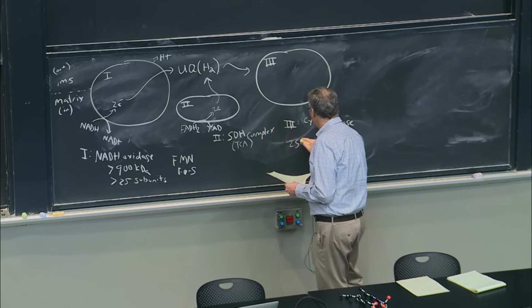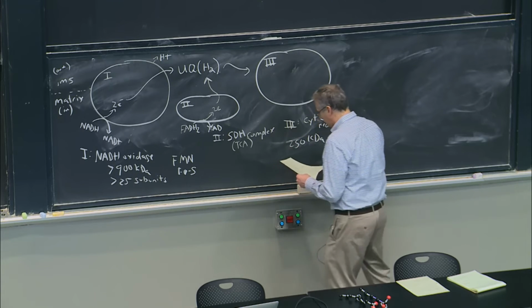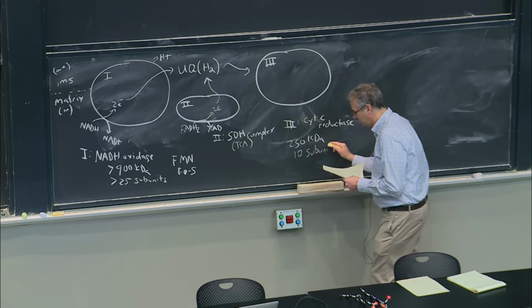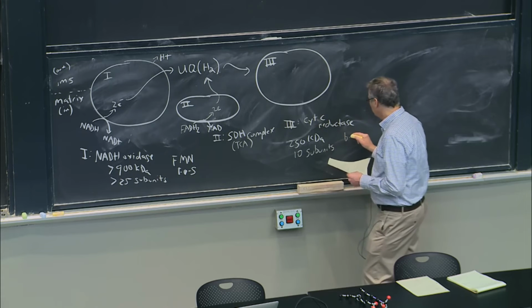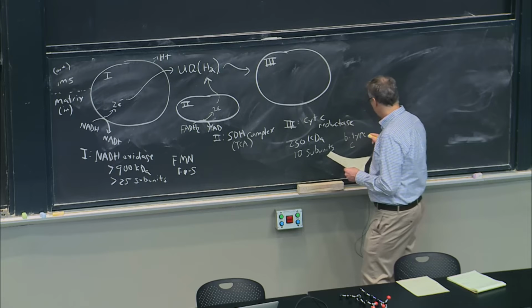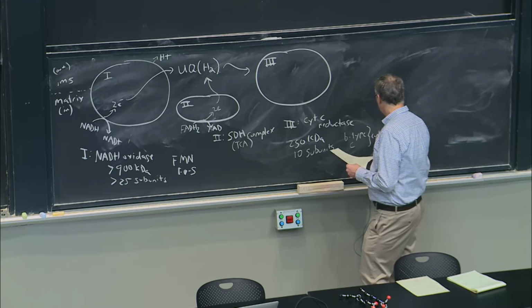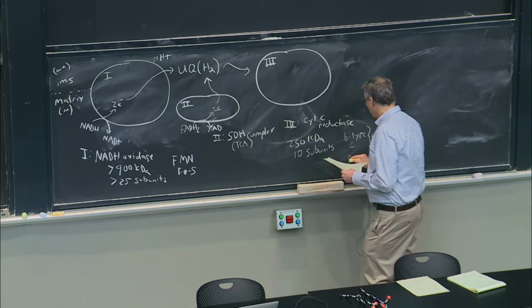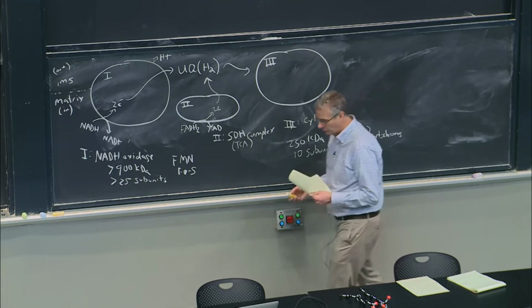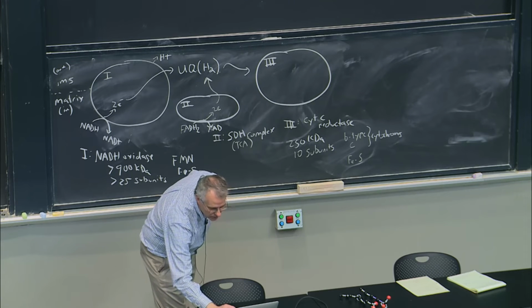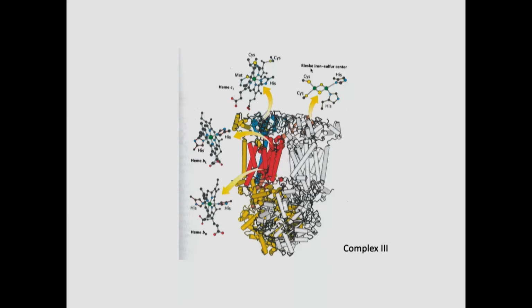It's a 250 kilodalton complex. There are 10 subunits. It has a bunch of B-type and C-type cytochromes, as well as some iron-sulfur clusters. Shown here on the slide from a textbook is a picture of complex 3 and what it actually looks like.